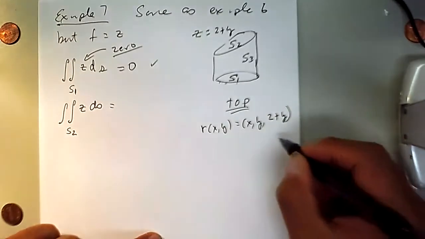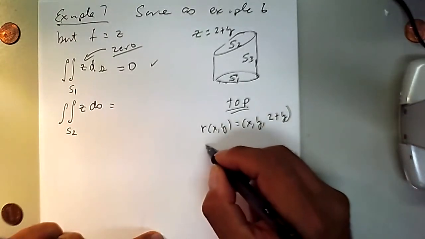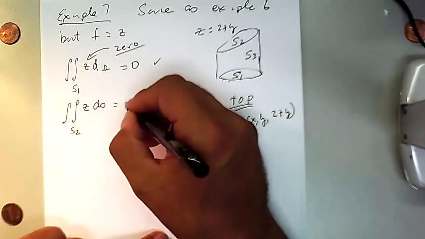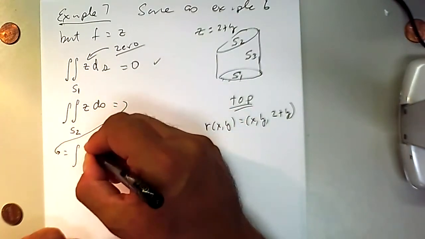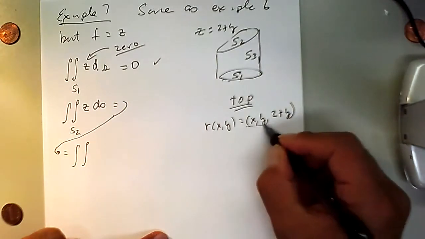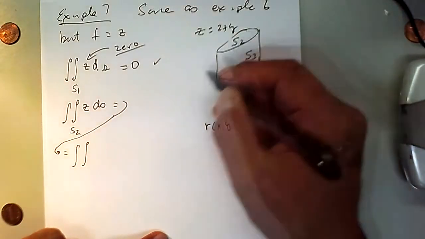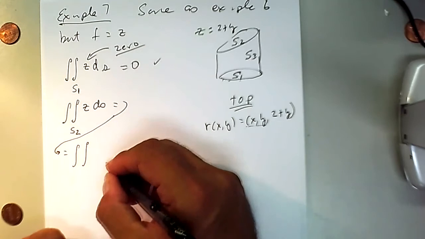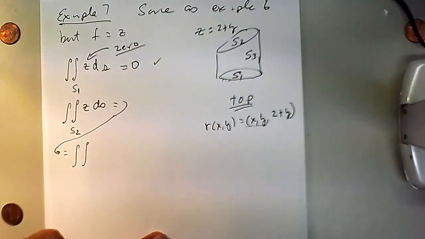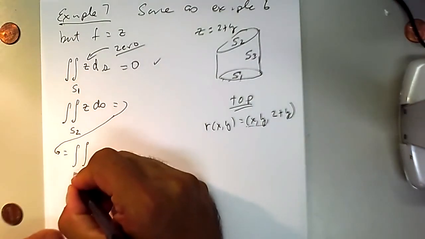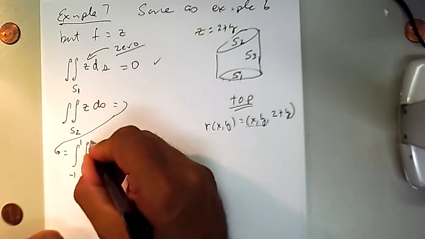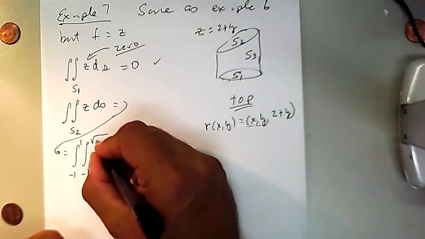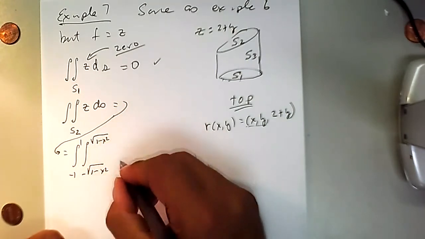If we did that, then we have to do, okay, so this, I'm going to continue down here, equals integral. Now we're integrating over x and y in the unit circle up here. So on the unit circle, we're going to go from -1 to 1, negative square root of 1 minus x squared to positive square root of 1 minus x squared on the top.